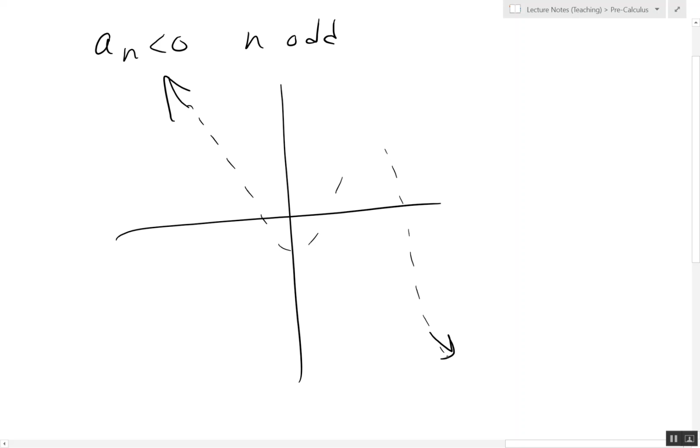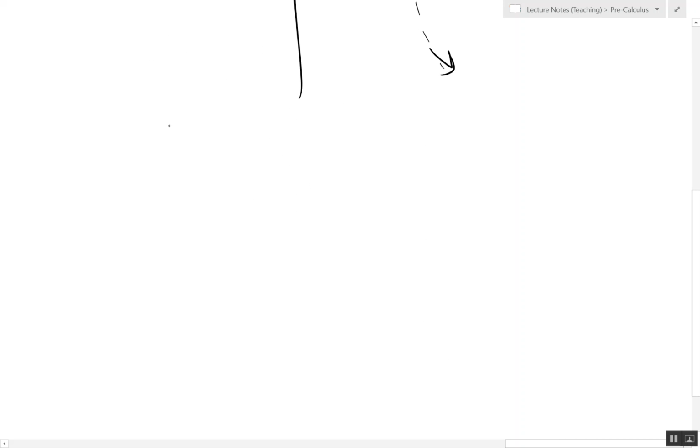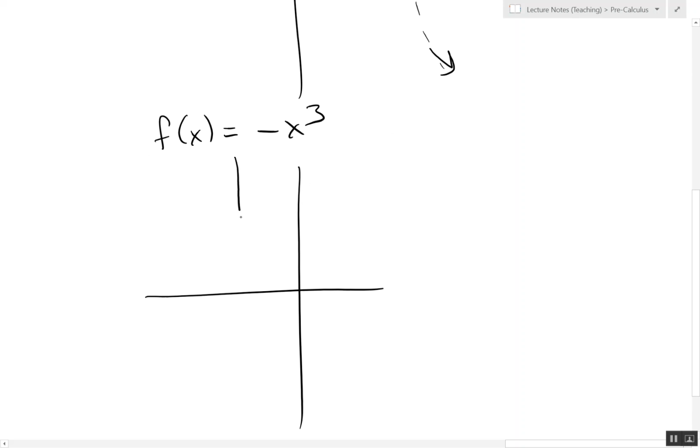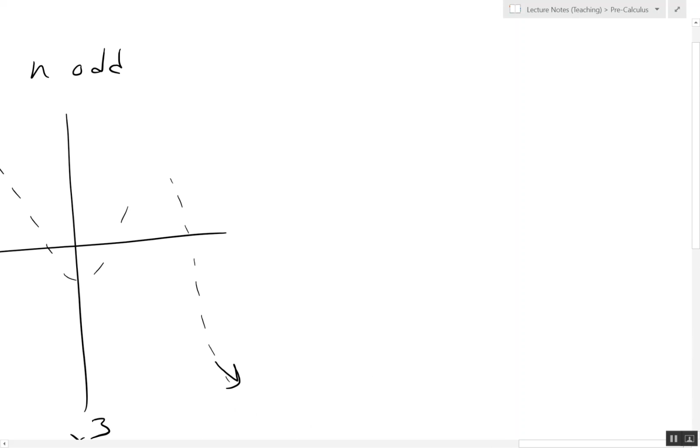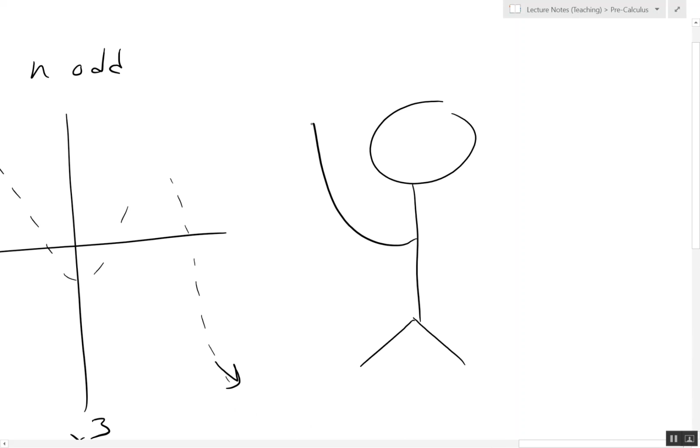Again, your typical example is f of x equals negative x cubed, which looks like this. So we went up and to the left and down and to the right. If you want to think about a person, this time they're giving a high five with their other hand.